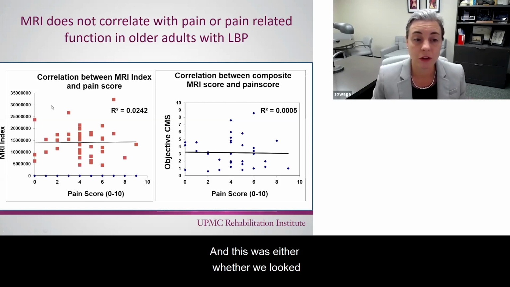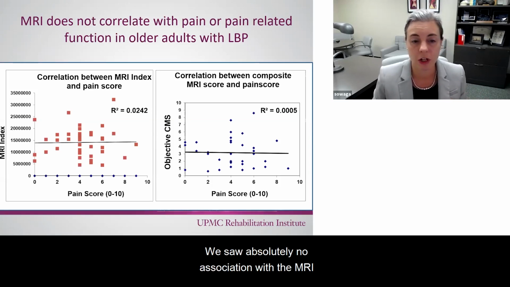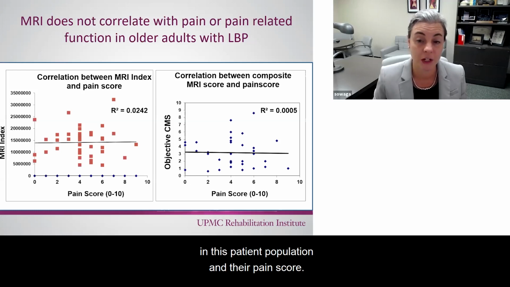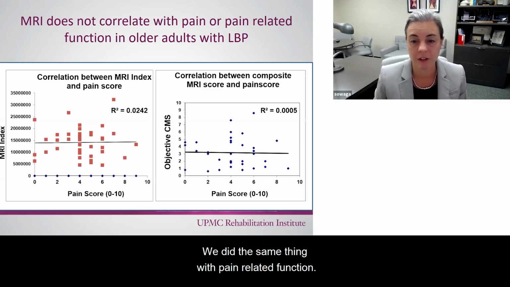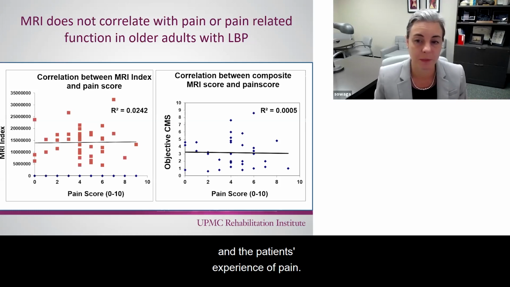And this was either based on a contour segmentation computer program that measured the overall disc area, disc height, and disc signal, or based on independent radiologist readings. We saw absolutely no association with the MRI in this patient population and their pain score. We did the same thing with pain-related function, and again, found no association between the findings on the MRI and the patient's experience of pain.